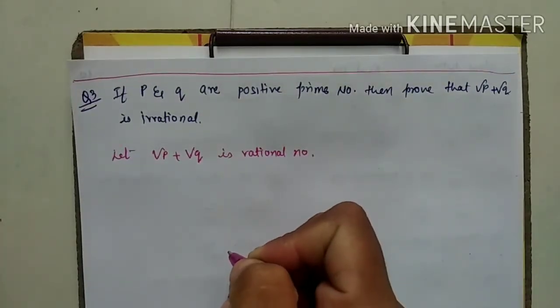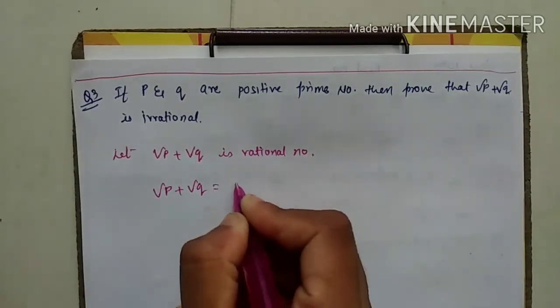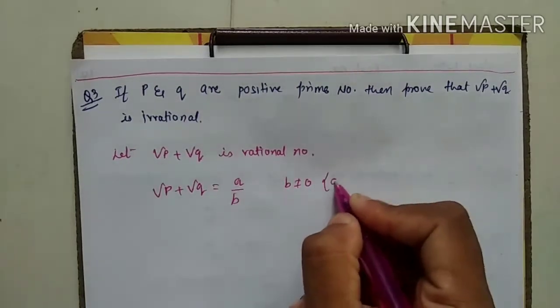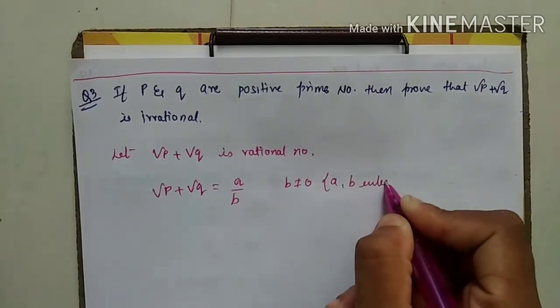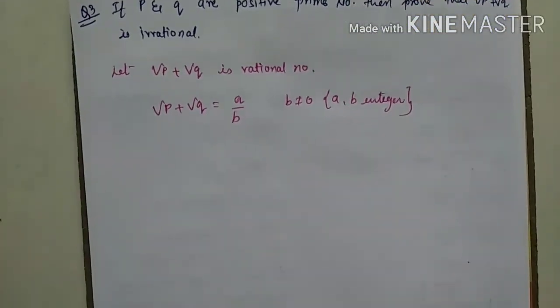Correct? I have assumed it, so that I can write this. Root p plus root q is equal to a by b, where b is not equal to 0, where a and b are integers. Correct? So that what you can write next?